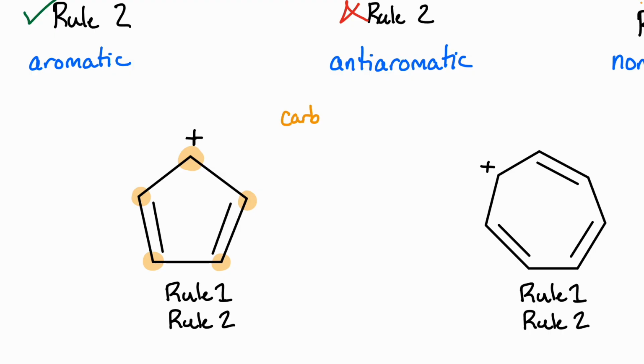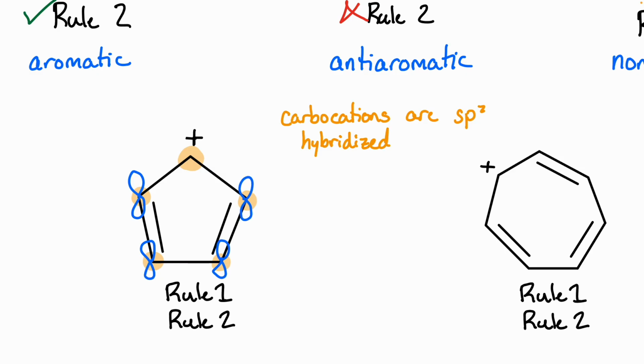So we're going to note carbocations are sp2 hybridized. Just like these other carbons over here, they're sharing a pair of electrons between those two p orbitals. That's that pi bond. Carbocations are also sp2 hybridized. They just have empty p orbitals.